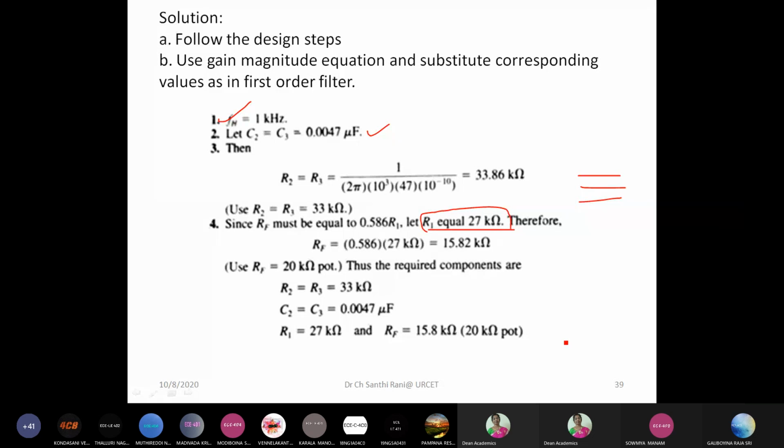There are so many textbooks on electronic devices and circuits, sometimes electronic components. Otherwise, directly on the internet, you can search for standard values of resistors and capacitors. If possible, any one of you, please collect these values and share here, so that all our friends will feel happy.